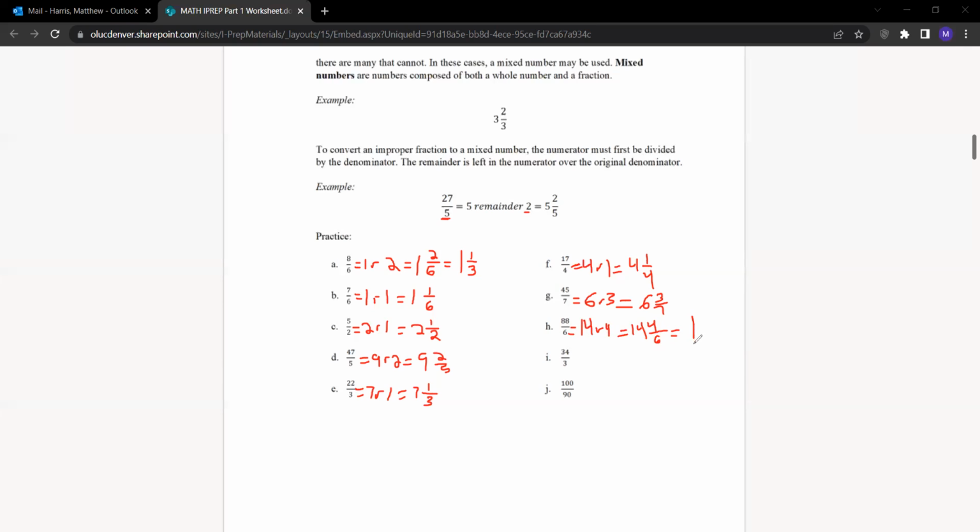Or if we reduce it, 14 and 2/3. Next we have 34/3. 3 goes into 34 11 times, with a remainder of 1, equals 11 and 1/3.